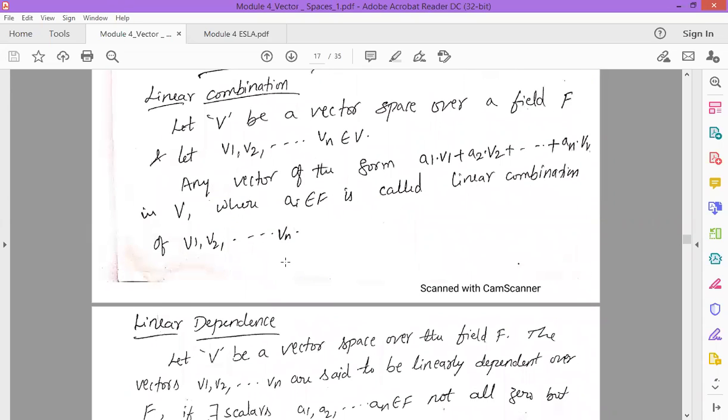Here we may be asked to write the given elements in the linear combination form, and then we should be able to write it. So first we'll just see the definition.